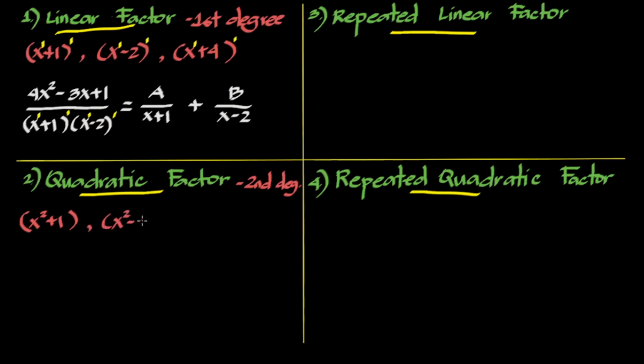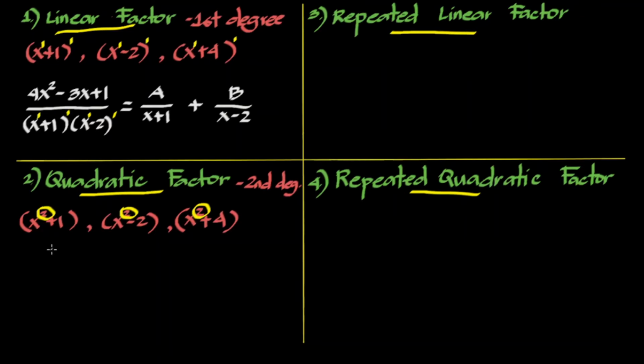X squared minus 2. X squared plus 4. Ayan, and so on. Yan yung mga example ng quadratic factor. Bakit naging quadratic siya? Kasi nga, may squared siya dito sa loob. Ayan. Nasa second degree.